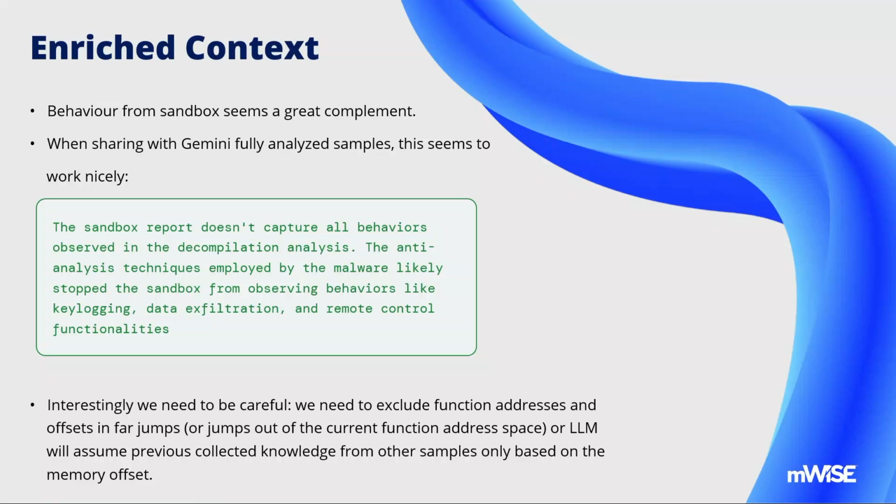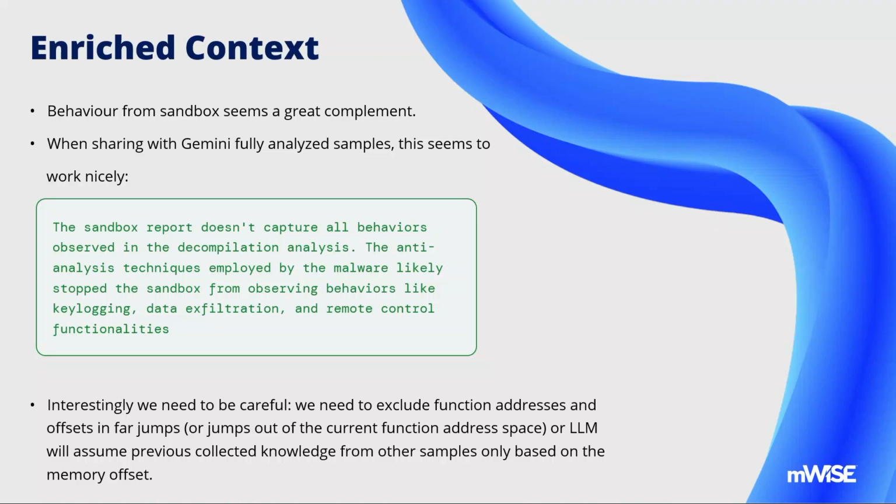And in the ideal case, we found stuff like this. This is a case where the LLM was able to analyze all the code statically, and then it was comparing with the sandbox report. And what it says is, well, the sandbox report doesn't capture all behaviors observed in the decompilation analysis.